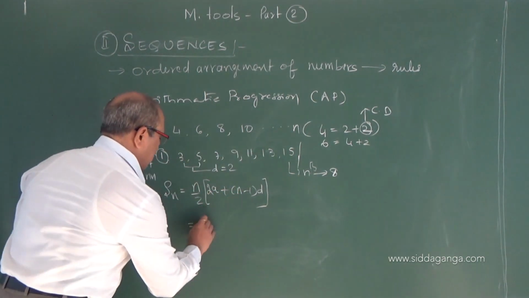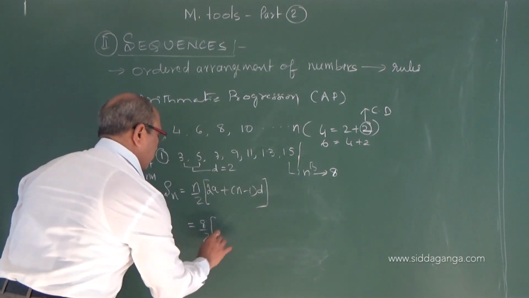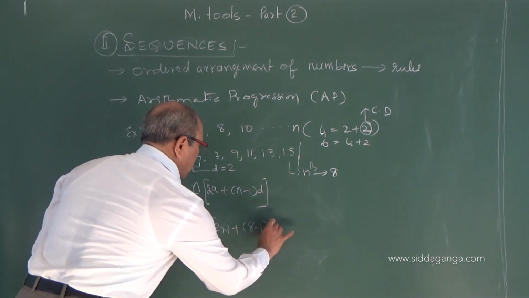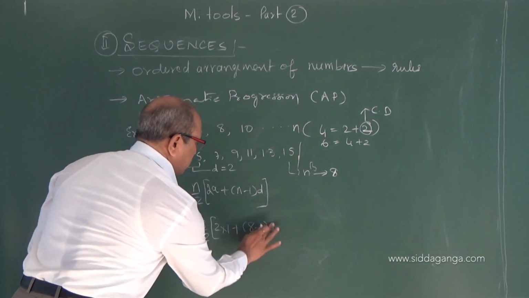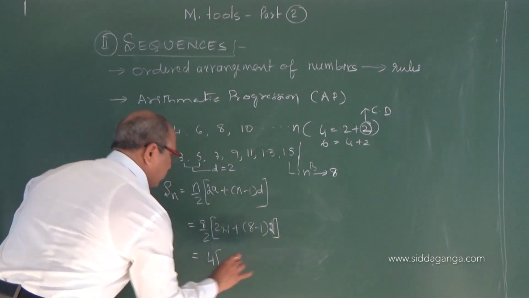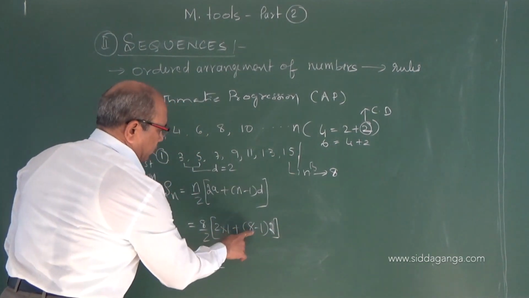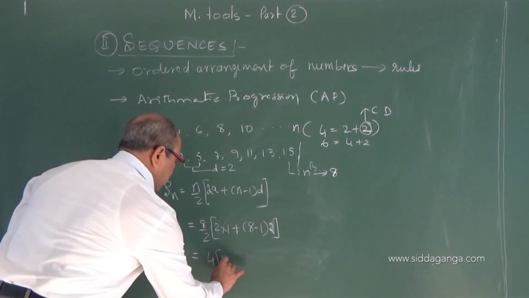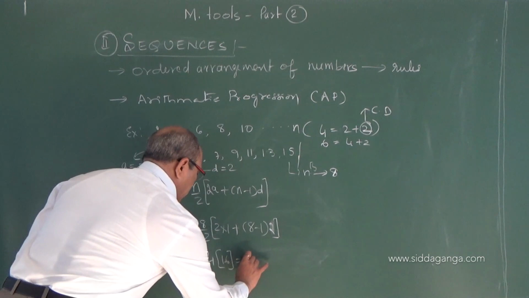So if I take 8 by 2 into 2 into 1 plus 8 minus 1 into d, where d is 2, that is 4, 8 minus 1 is 7, 7 times 2 is 14, 14 plus 2 is 16, 16 times 4 is 64.